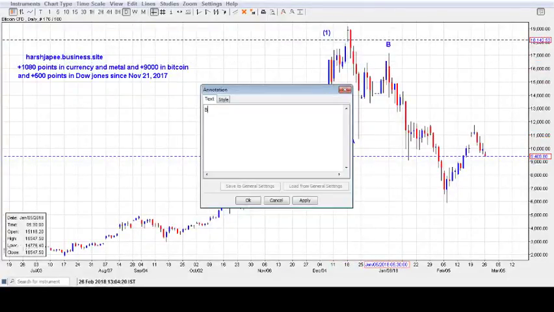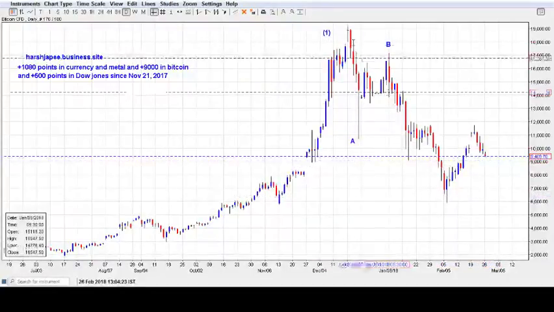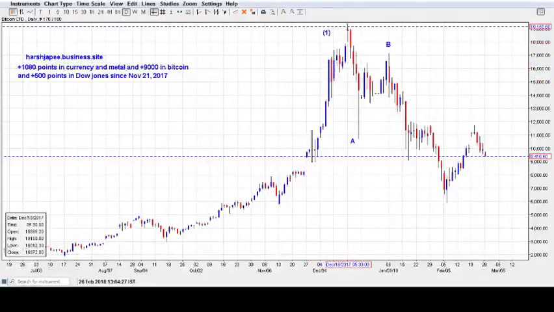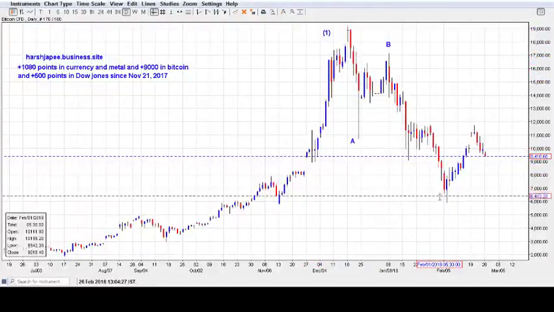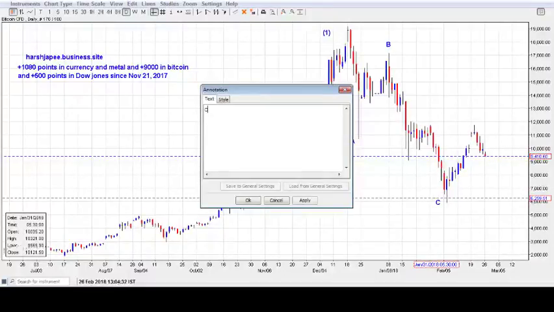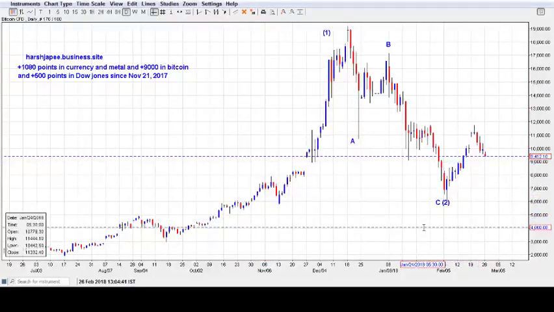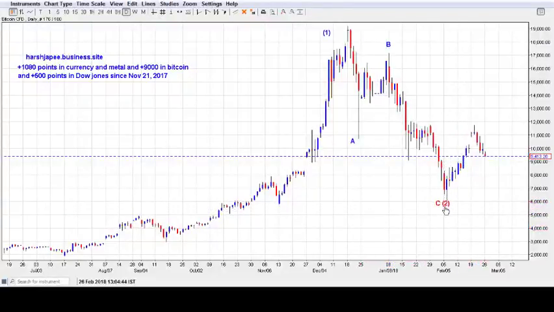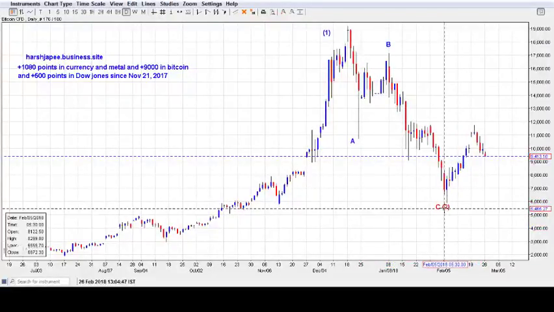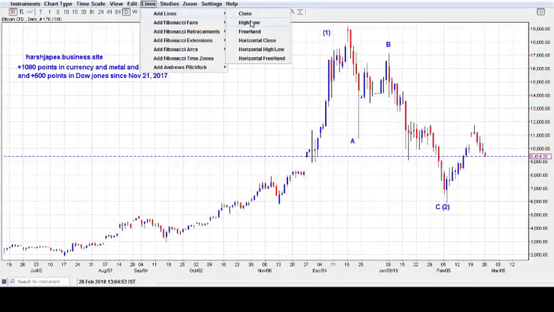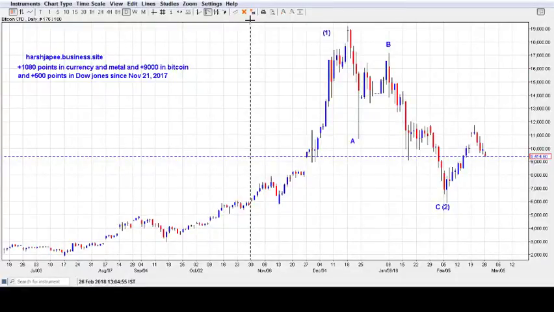We have been following Bitcoin meticulously since one leg before the 20,000 highs were made. It looks like the second wave is also potentially terminated just around the 5,800 mark. So that was the bigger wave picture or wave count.